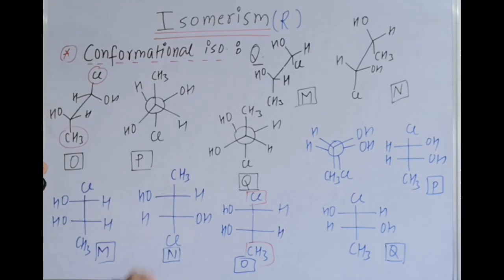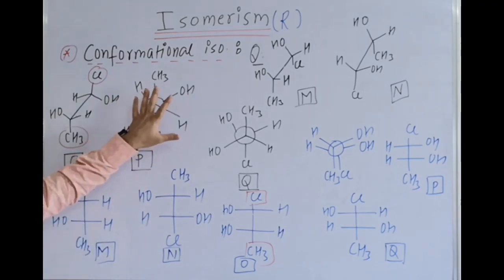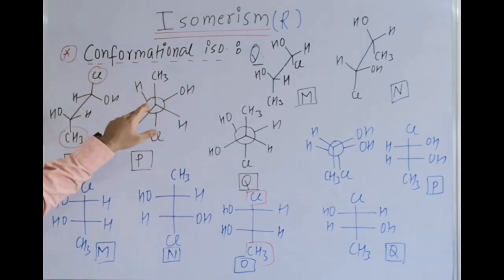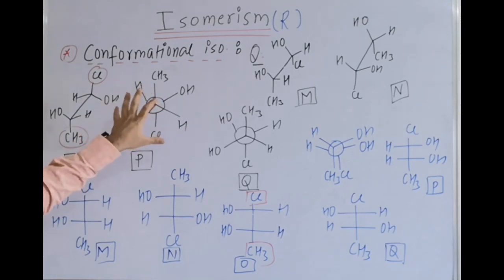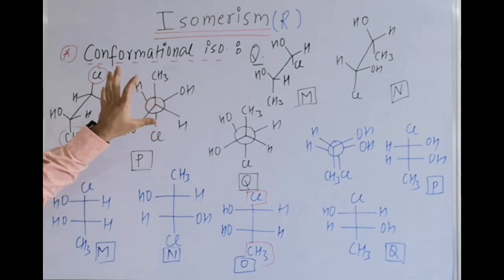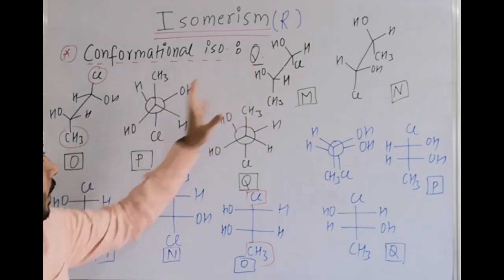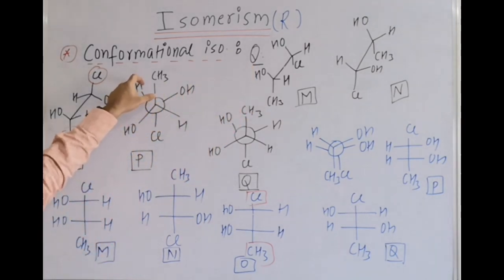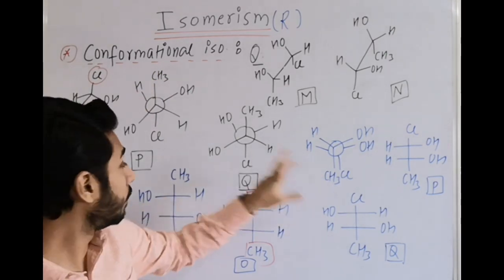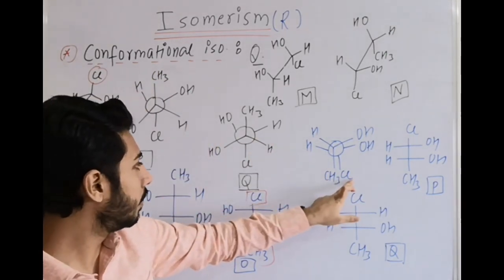Then P. Now P is given in Newman, and the Newman given is staggered. So we convert this Newman staggered form into eclipsed form by rotating it 180 degrees and simply converting it into the same format. Just like here, if I rotate it by exactly 180 degrees, it is CH3, Cl.